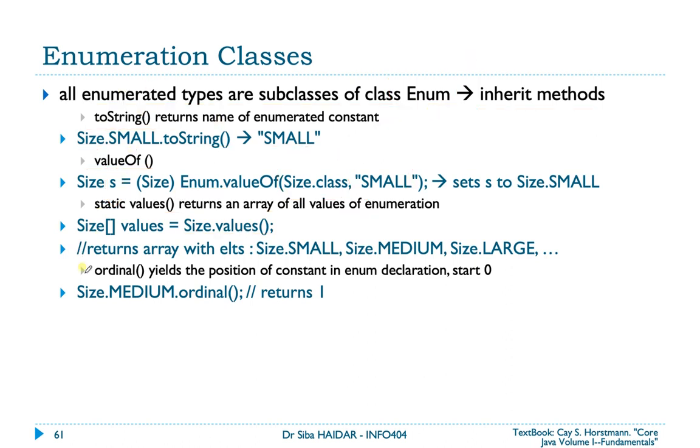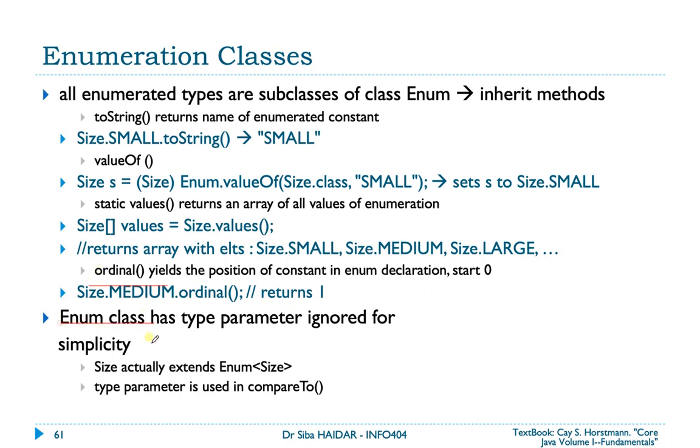What else do you have? You have the method ordinal, which will return the position of the constant in the enumeration starting from 0. So, for example, ordinal of small is 0, ordinal of medium is 1.